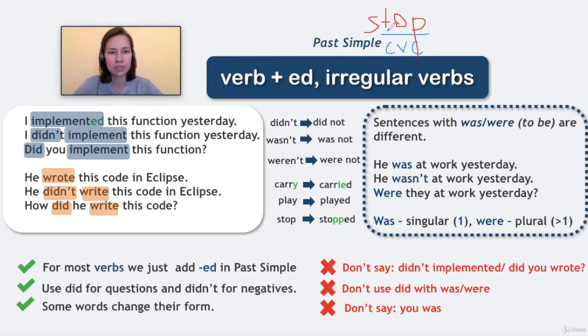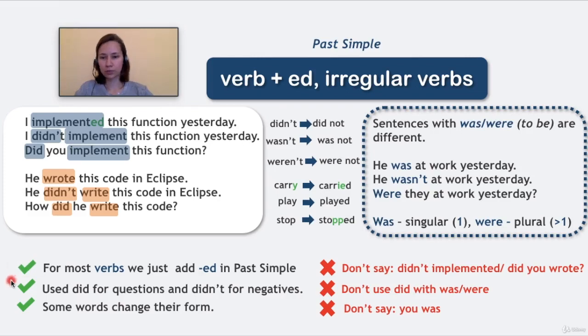So consonant letters like T, P, B, M, N, G, whatever, and then the vowel is O, A, E, I, and so on. So when the verb finishes with this structure, CVC, consonant, vowel, consonant, like the word stop, you have to add an additional consonant at the end of the word, and after that you have to add ed. So this is what happens with this word stop, stopped here.